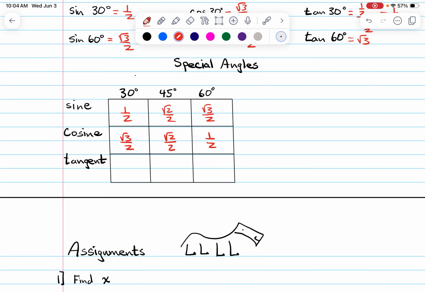And then tangent goes like this. Tangent for 30 is going to be 1 over the square root of 3. For 45, it's 1. And for 60, it's the square root of 3. Yeah. So these are some important things to keep in mind. Keep in your knowledge pot. Okay. All righty. There you go.